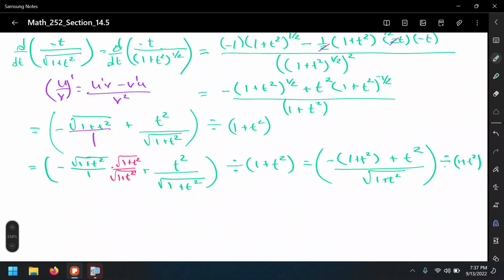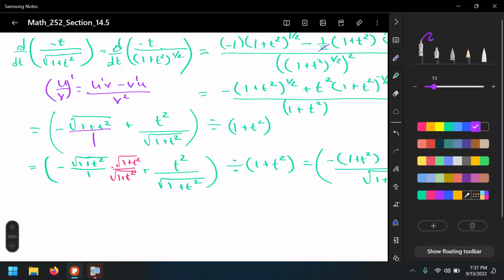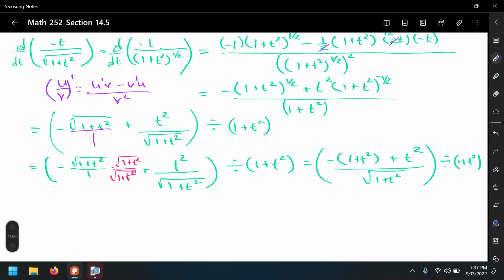And then let's change the division into a multiplication. What do we do to change the division into a multiplication? Multiply by the reciprocal. Have you ever heard of the KFC rule? It doesn't have anything to do with chicken, actually. So KFC: keep, flip, and change.